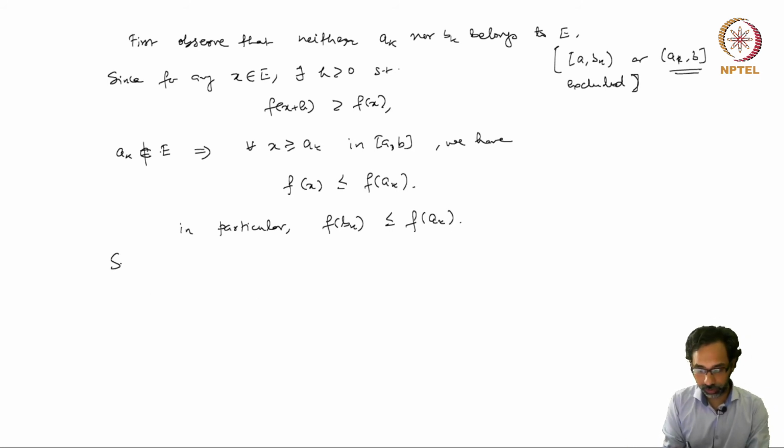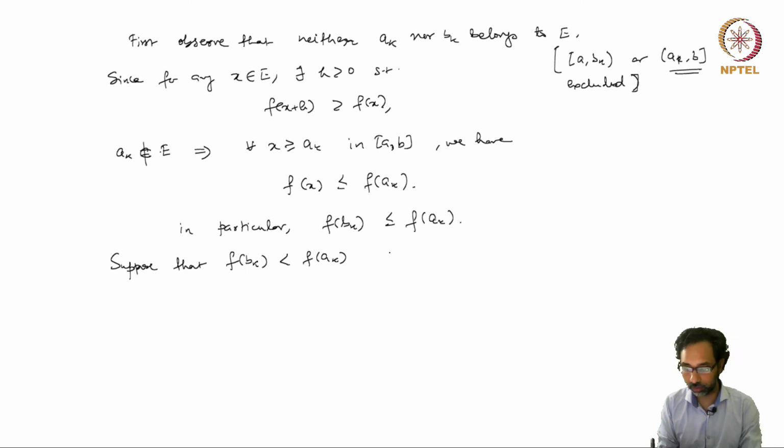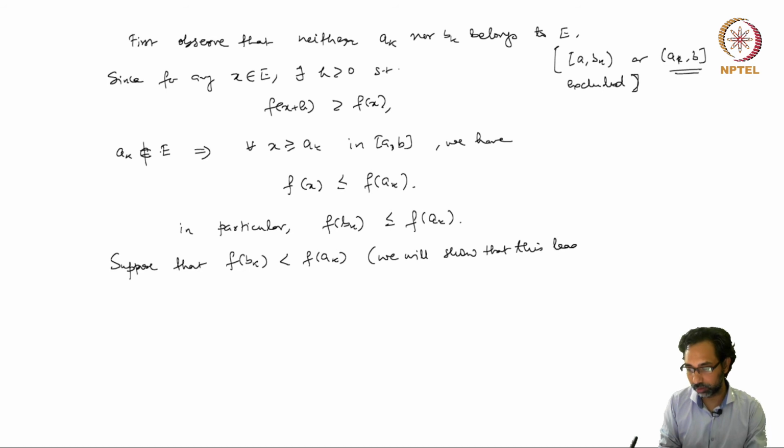We now suppose that f(b_k) is strictly less than f(a_k), and we will show that this leads to a contradiction.